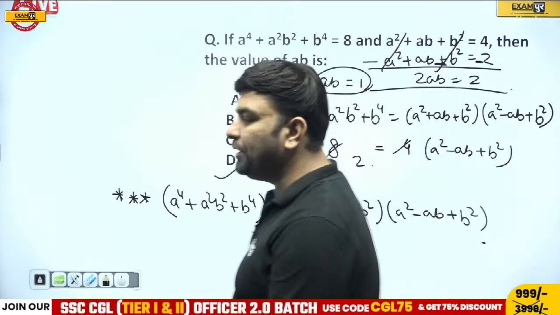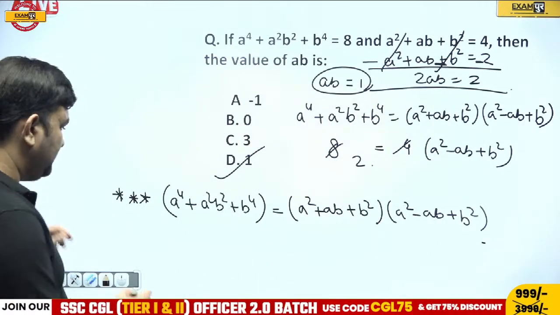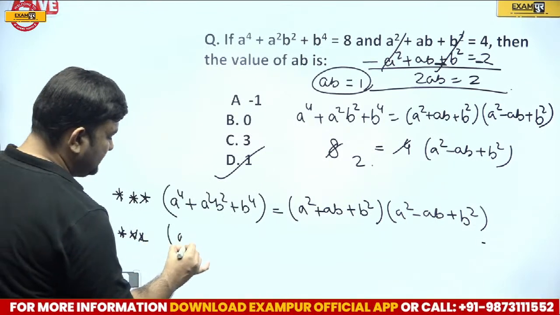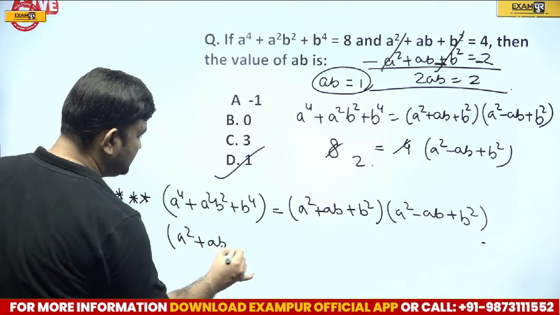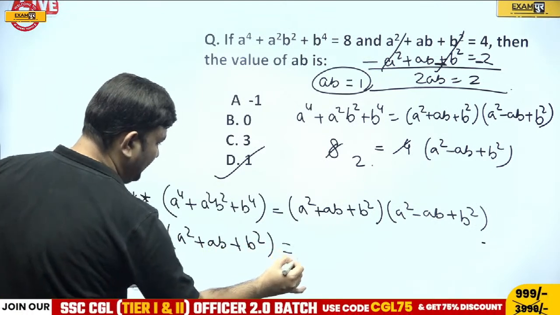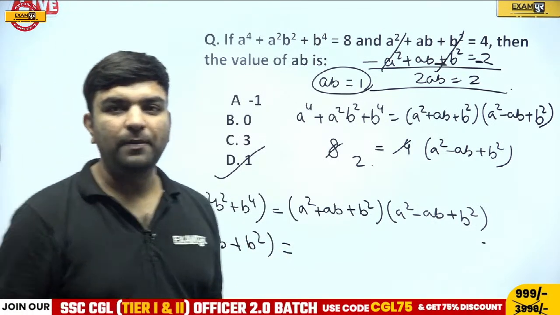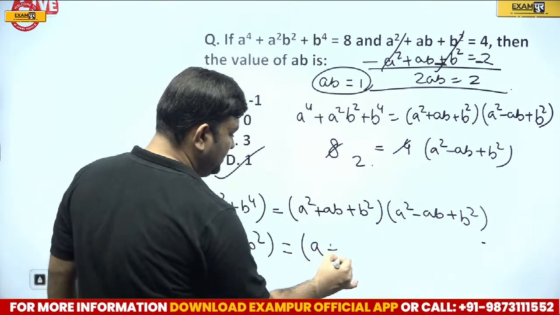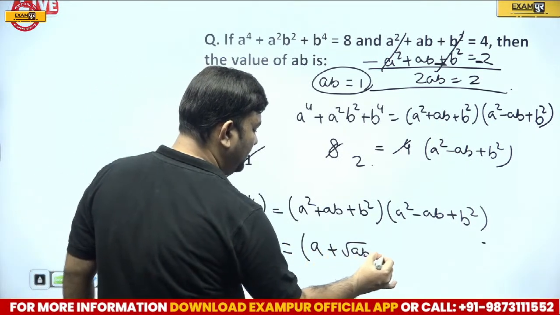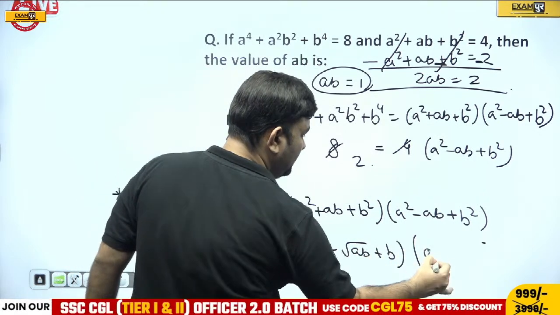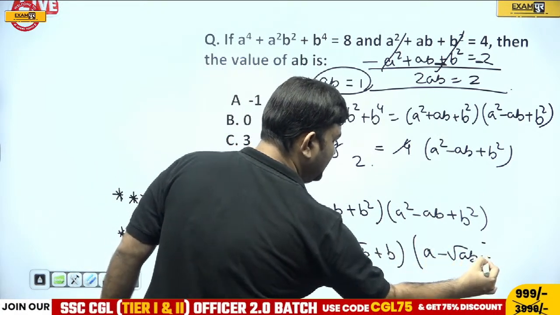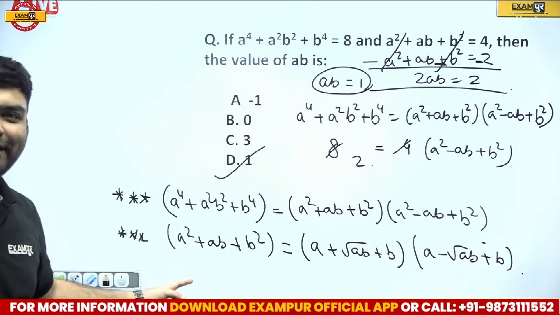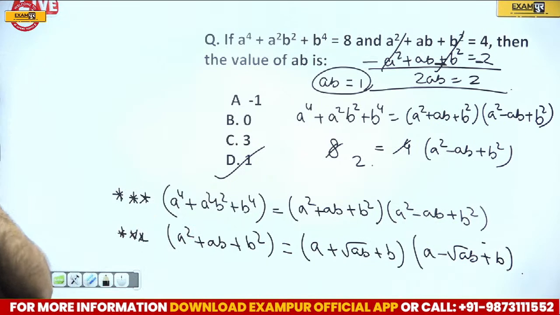And to add up to the knowledge, you can also write, sir, a square plus ab plus b square will also have two factors. Can you guys observe the pattern?